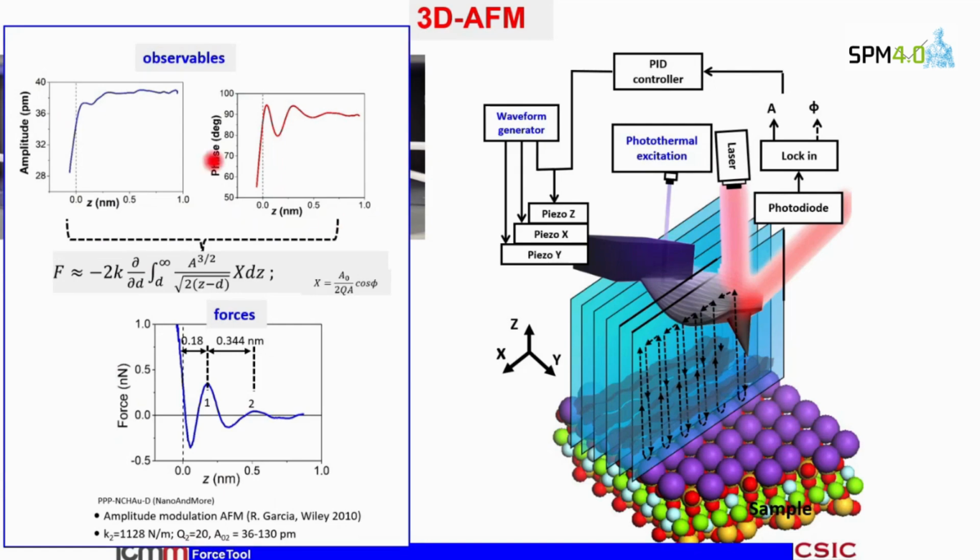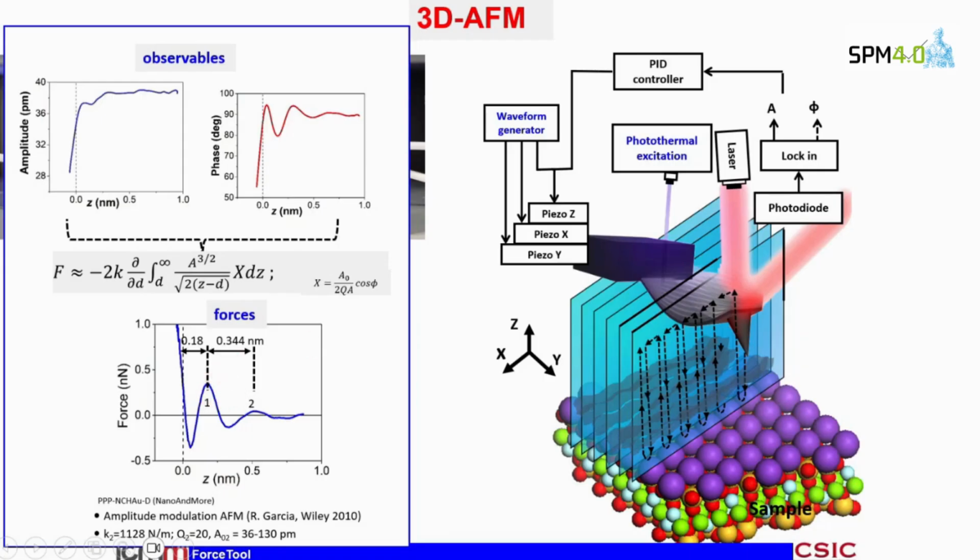These are the observables of the system: the amplitude of the oscillation, and the phase shift between the driving force, which is photothermal, and the tip response. Those observables can be transformed by some theory into forces, and those forces reflect the different organization of the solvent molecules near the solid surface.